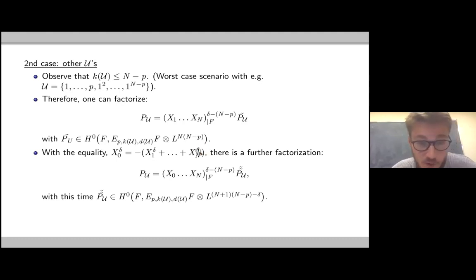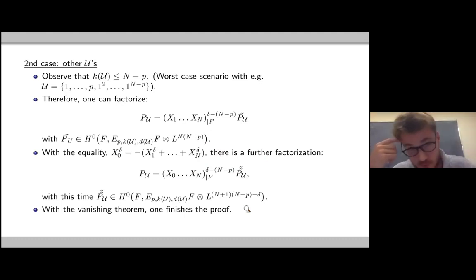And the fact that we have this equality, as we are on a Fermat, by multilinearity of the determinant, we can add a further factorization. So this one. And this time, we get this twist. And so we get something negatively twisted with our hypothesis. And so we can use the vanishing theorem to conclude the proof of the result.